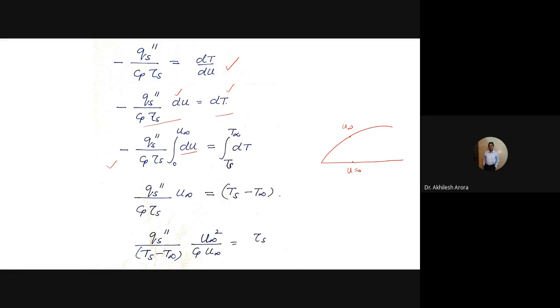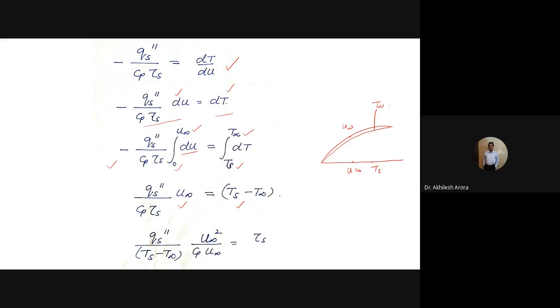Similarly, the temperature at the surface is Ts, whereas the temperature of the free stream, at the edge of the boundary layer, is T infinity. So we can integrate the temperature between Ts and T infinity and u between 0 and u infinity. This is the expression that we get here.